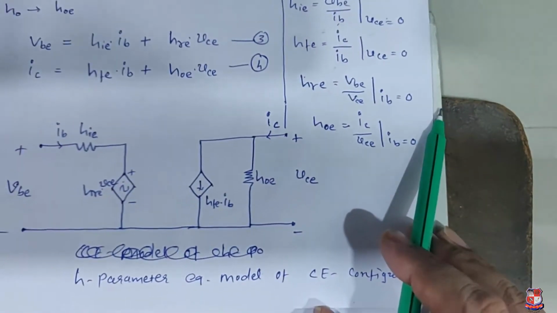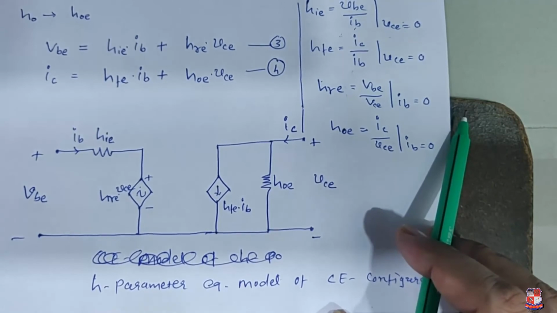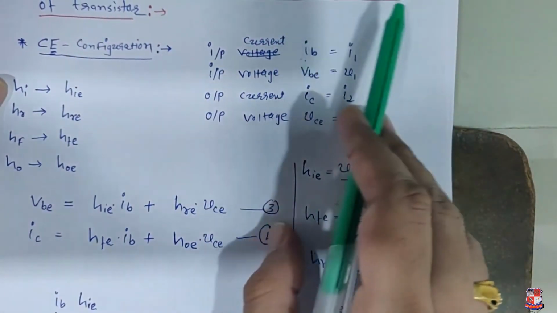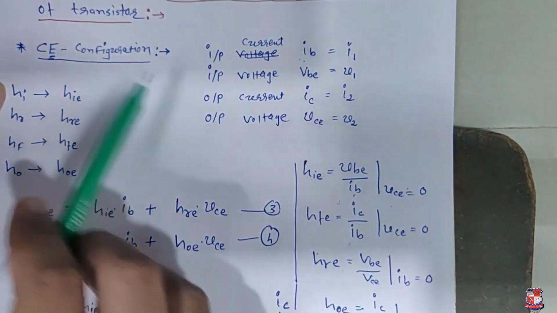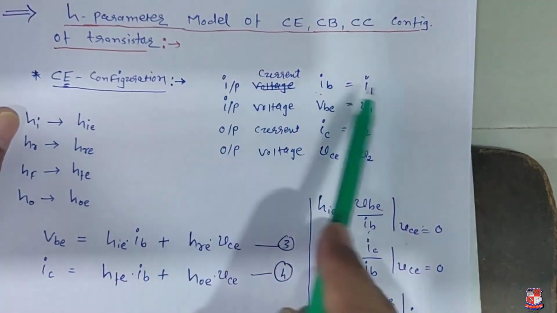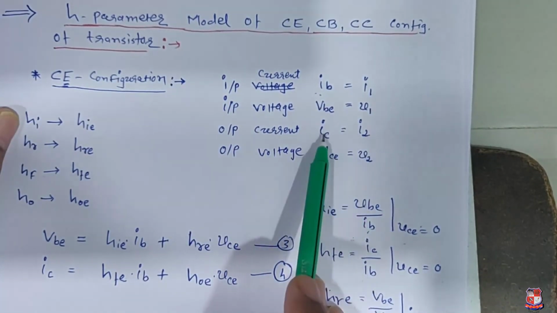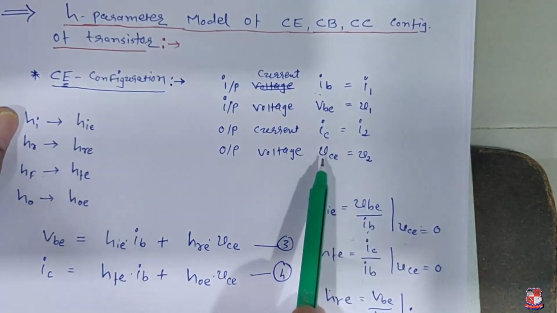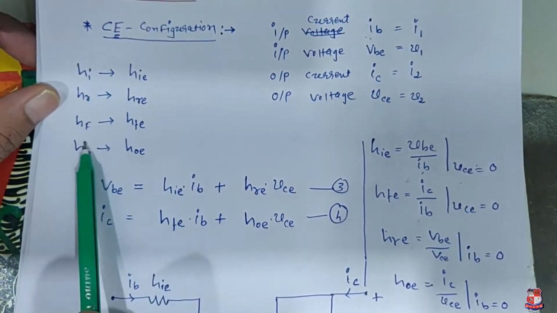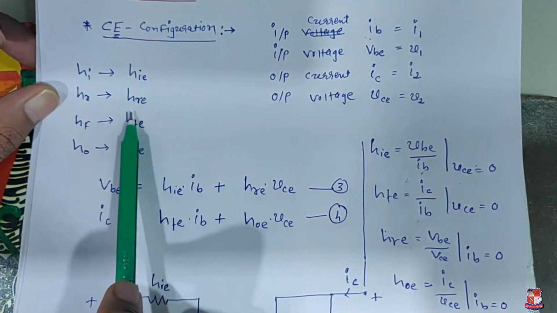If it is asked to draw the H parameter equivalent model for common emitter configuration, then you have to do the following task. You have to represent I1 with the IB, V1 with the VBE, I2 with the IC, and V2 with the VCE output voltage. These 4 common H parameter names will be represented with the additional suffix of E.